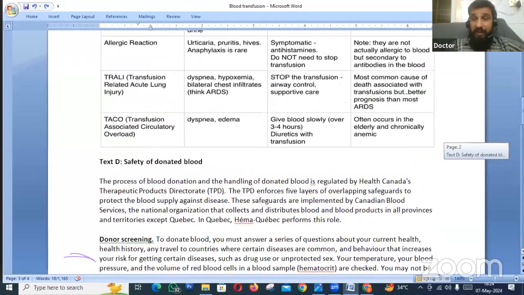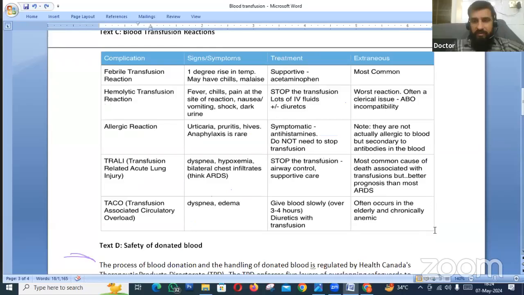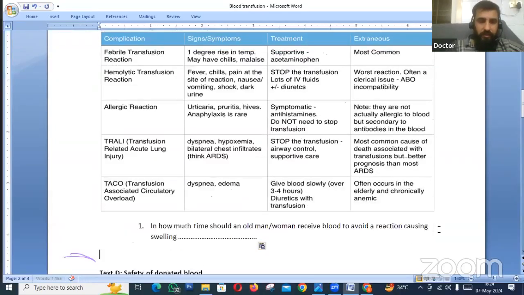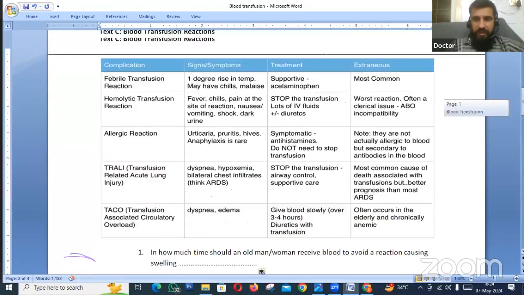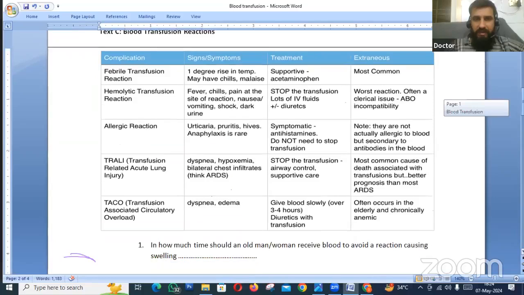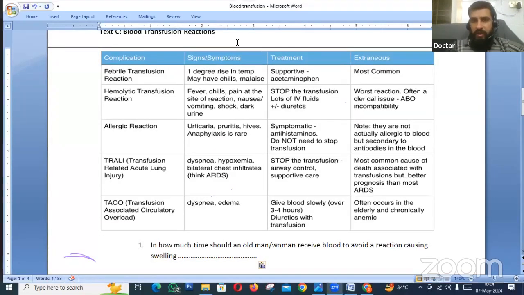First look in C, and if you don't find the answer, then you can go to another text, maybe D. So here is your question, here is your text. Try to find the answer and just write in the chat what is your answer. People on Facebook, you can write your answer in the chat also.